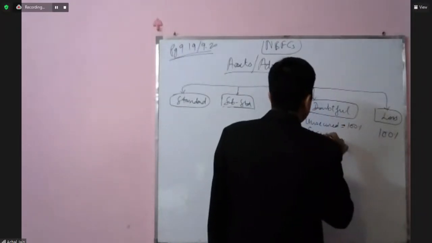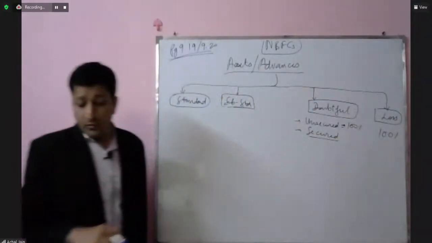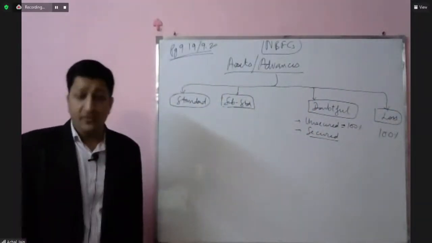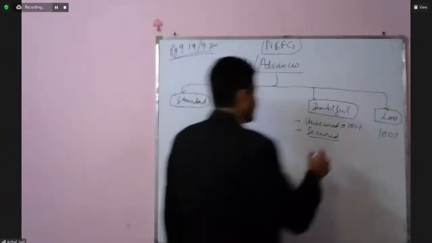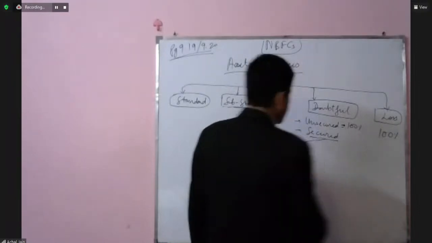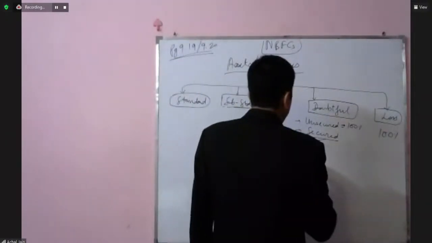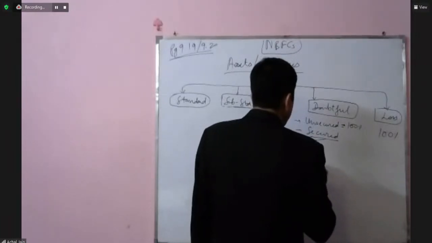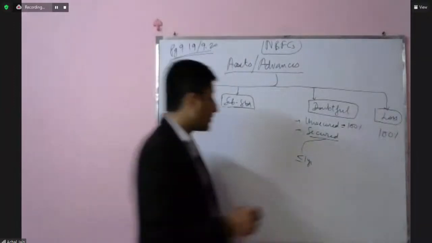In case it is secured part, then we'll have to go by the period for which asset has been considered as doubtful. If it is up to 1 year, that means less than equal to 1 year, then the provision will be 20%.